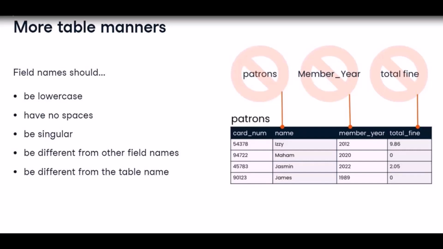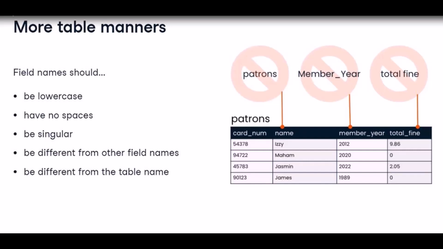A field name should be singular, not plural, because it refers to the information contained in that field for a single record. So each record stands alone. This is why our table has card number and then name, not card numbers, not names. That's wrong for a column title, or what we call the field name. Two fields in a table cannot have the same name.